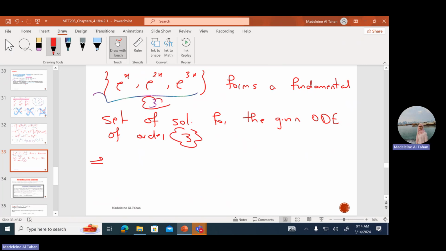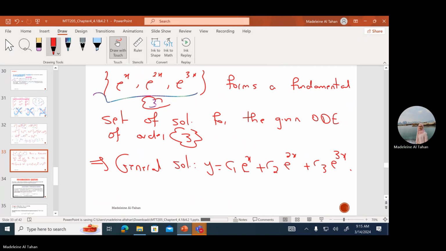So the general solution is y equals C1 times the first solution plus C2 times the second solution plus C3 times the third solution. This is regarding the homogeneous ones.